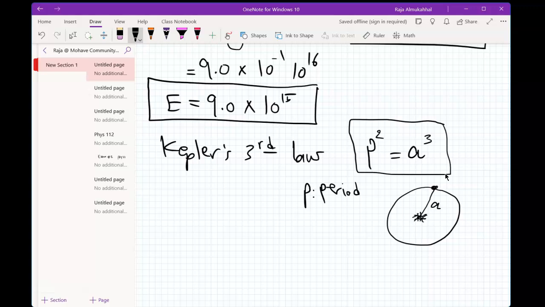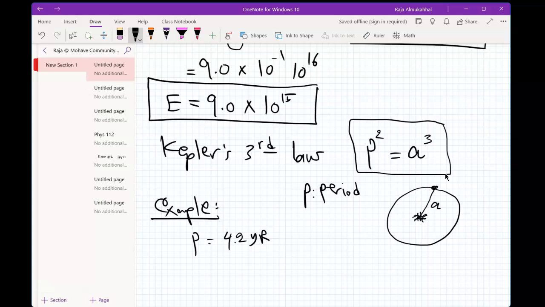Now here's an example. Let's say the period given to us is equal to 4.2 years, okay? So we have an object that takes 4.2 years to go around its own parent star, for example.